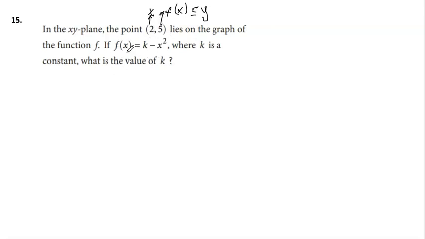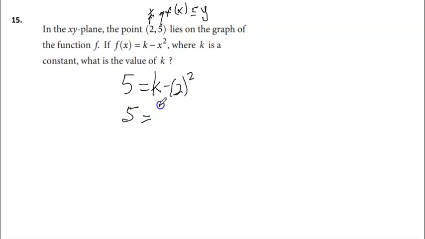In place of f of x, which is now going to be f of 2, we know f of 2 is going to be 5, right? So let's just put the number. So 5 for f of 2 is equal to k minus, and then in place of x, here we put 2, right? And then we solve for this.